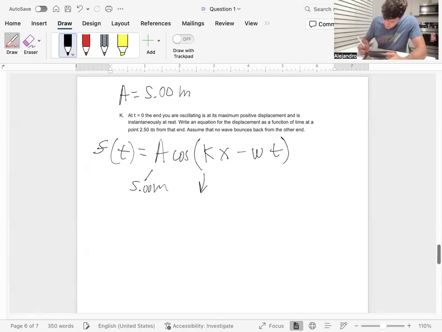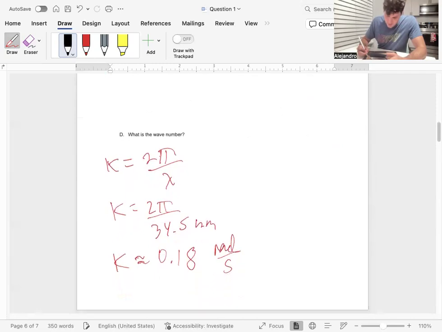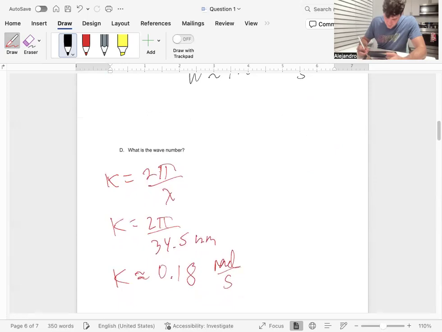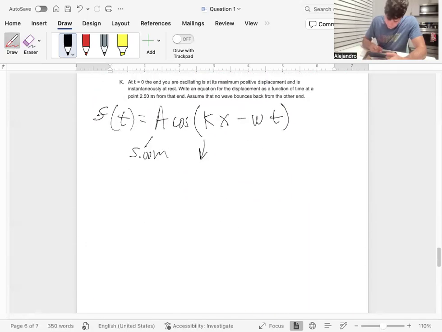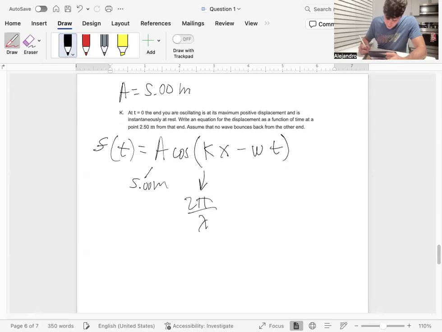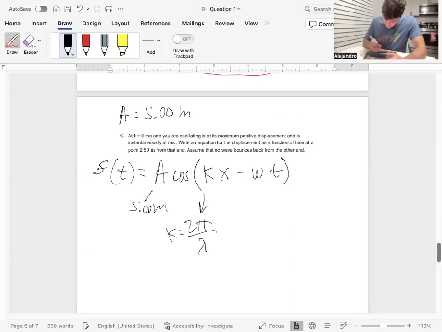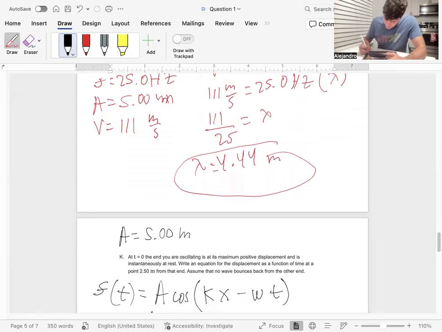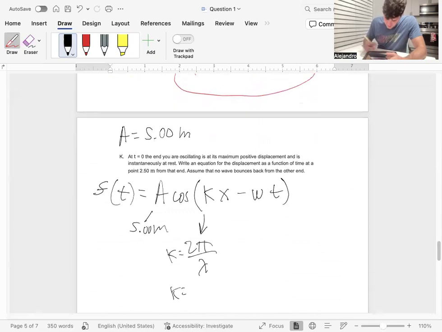Cosine of k x, where k will be the wave number, and it's given by 2 pi over wavelength, which we have because we found it on part J. Let's work with that.